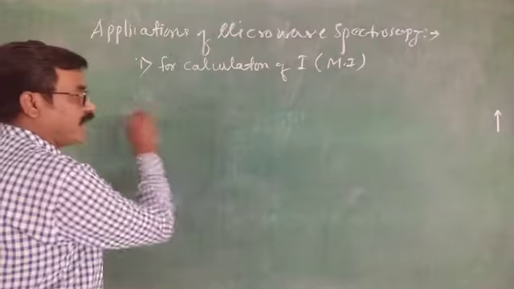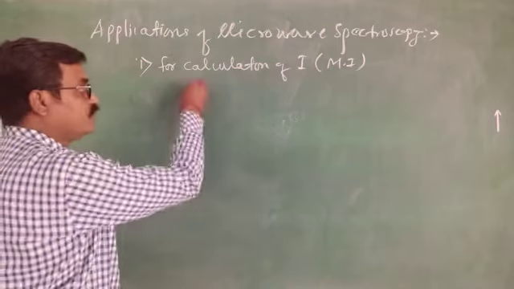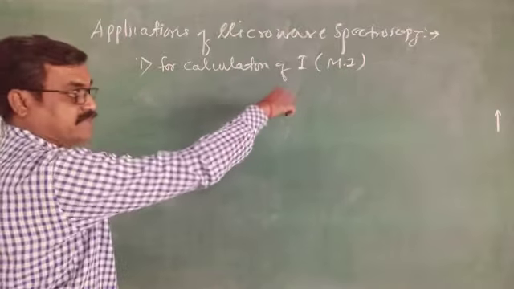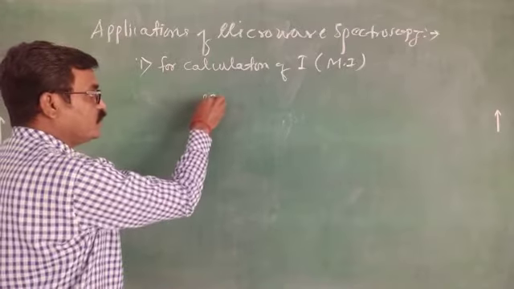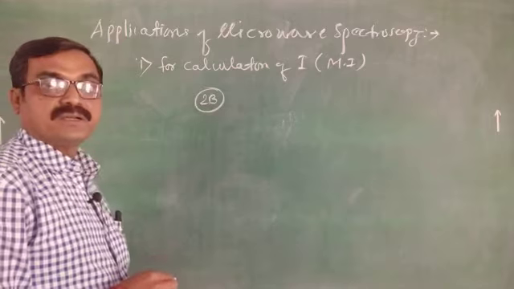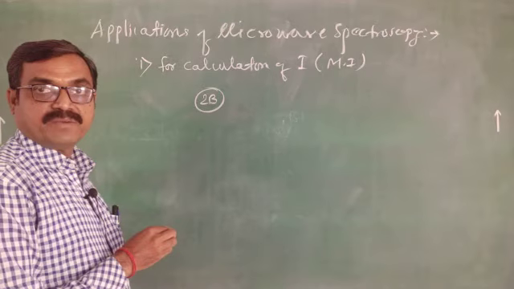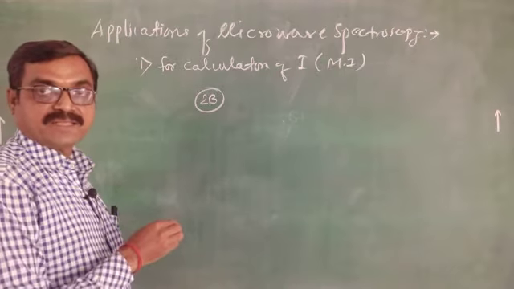Now if you plot a microwave spectra, then you will get different absorption lines. Previously we saw it. Now due to this, you know the distance between the two absorption lines in the rotational spectra.